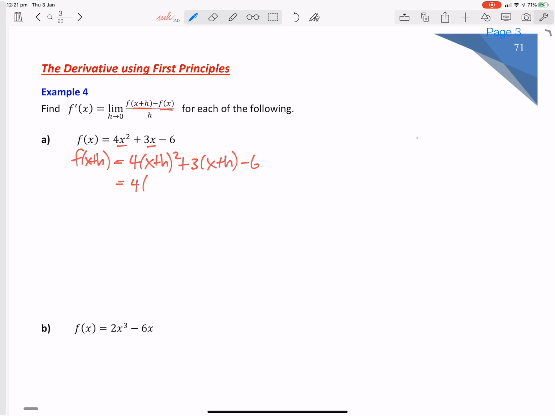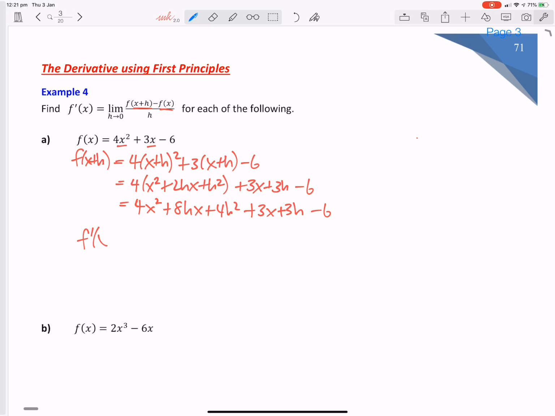Of course, we know that's 4 times x squared plus 2hx plus h squared, plus 3x plus 3h minus 6, which is 4x squared plus 8hx plus 4h squared plus 3x plus 3h minus 6.